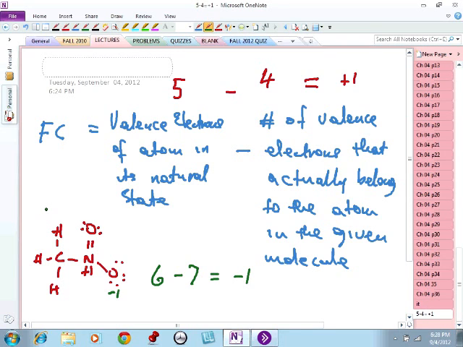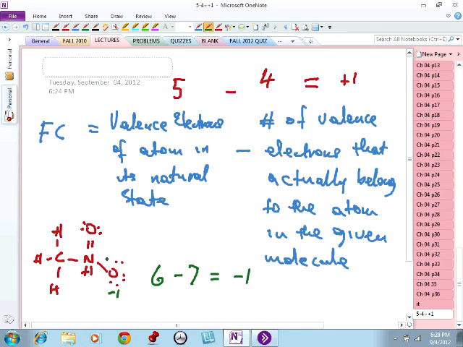Michael's question is, how do we know that this oxygen here will be the one that will be negatively charged, as opposed to this one here?